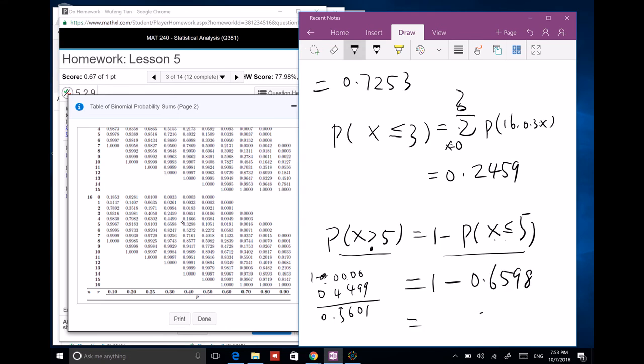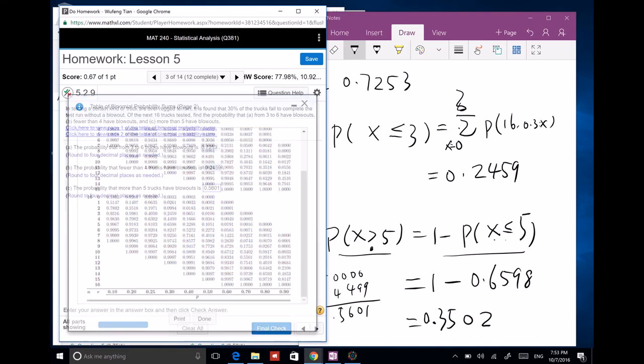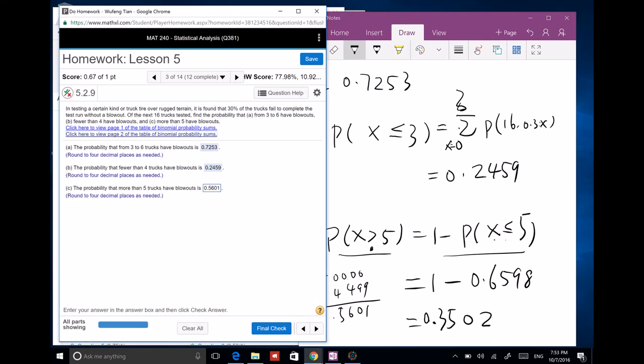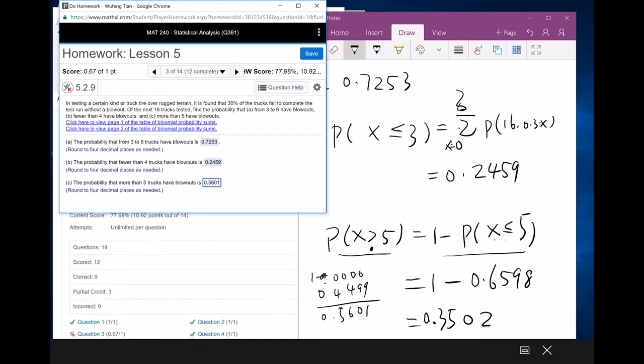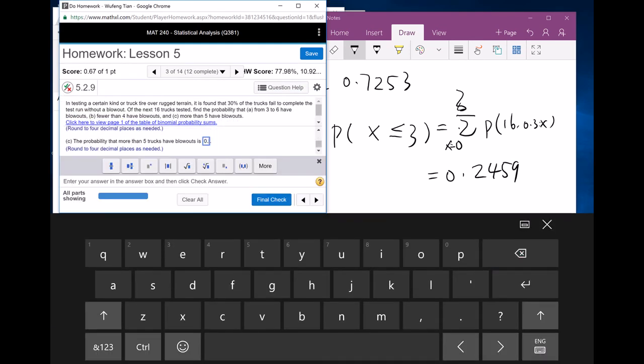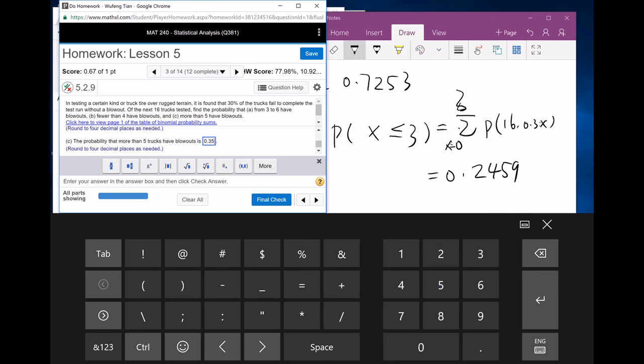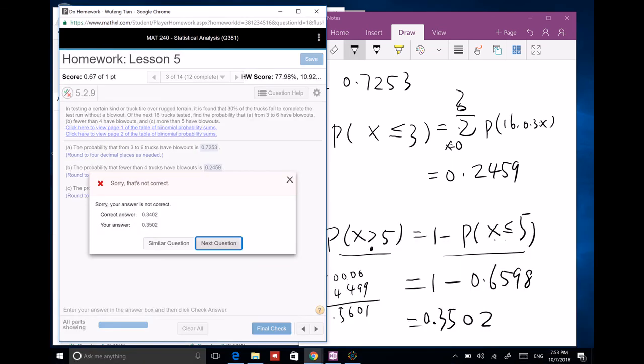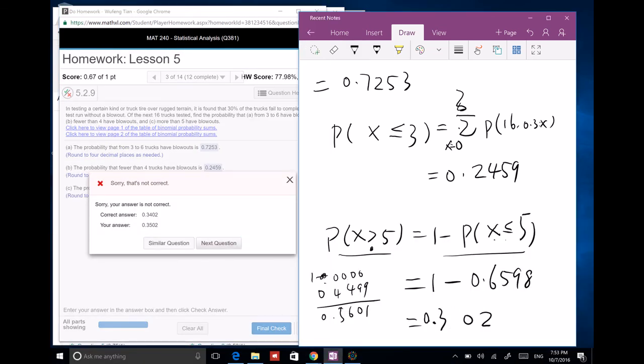The answer is going to be 0.3402. My gosh, okay, 0.3402.